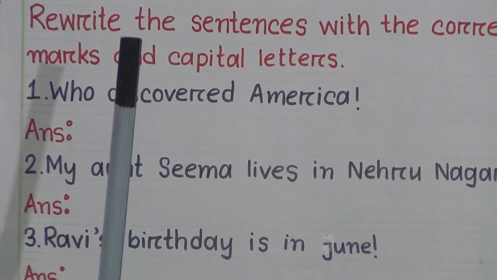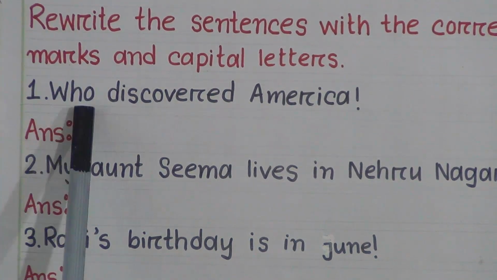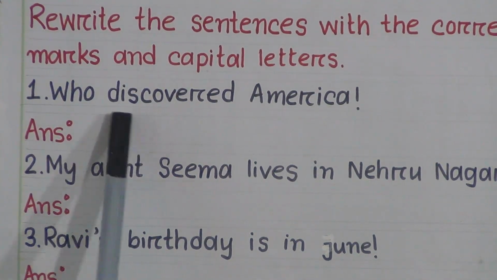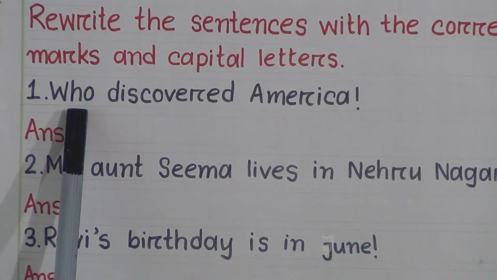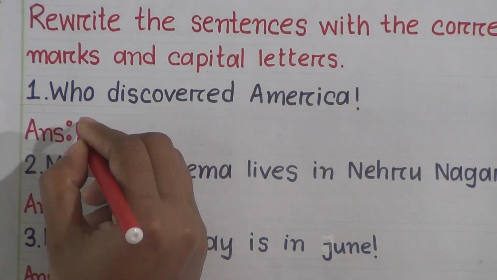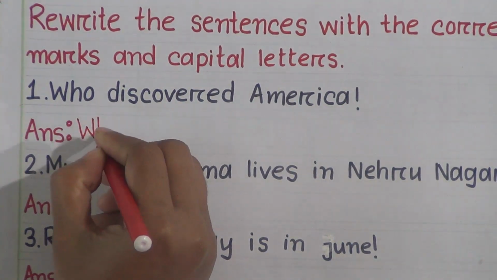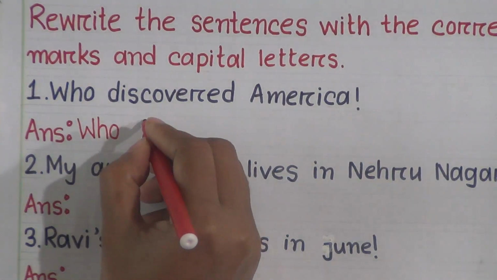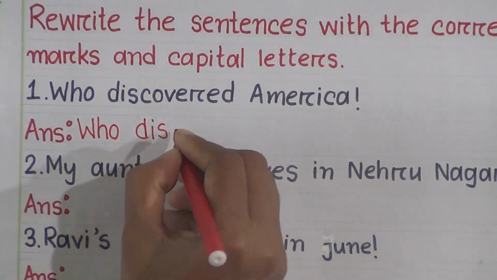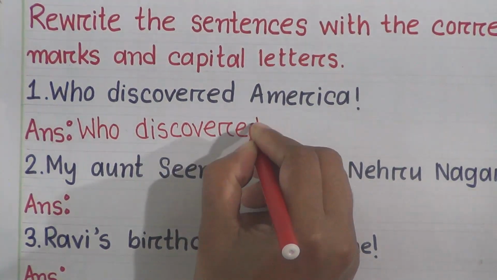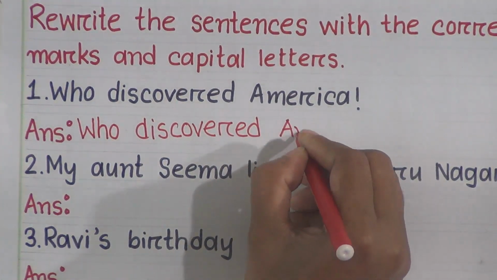When we find a WH question, that means who, what, how, why, when, and it is an interrogative sentence, we have to put a question mark at the end of the sentence. Now I'm writing the sentence correctly. Who, look here, W will be in capital letter, so it's okay. Who discovered, D-I-S-C-O-V-E-R-E-D. Who discovered America?